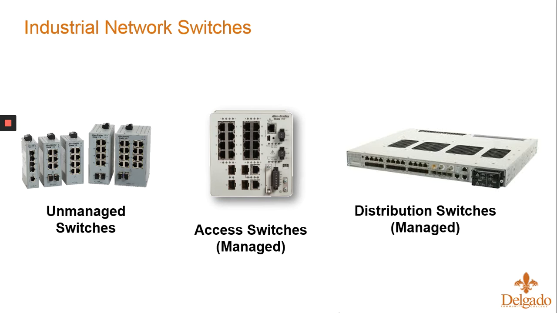So they will work at an extended temperature range, typically from minus 20 degrees Celsius to 70 degrees Celsius. So that's a pretty wide temperature range. If you try to take a non-industrial switch and put it on the plant floor, it's not going to survive. And if you ever go into a computer room, typically the AC is blasting in those rooms to keep things cool. And we know that on the plant floor, things aren't always going to be air conditioned.